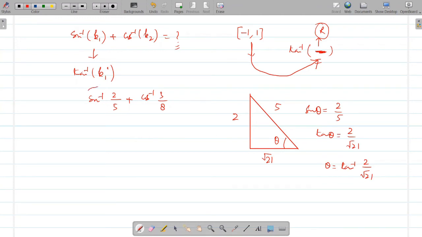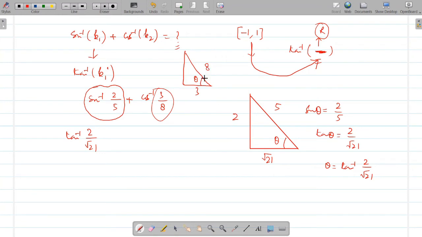This is some angle represented. So it's up to us whether I want to write that angle in the form of a sine inverse or in the form of a tan inverse. So I can write this as tan inverse of 2 by root 21 also. Similarly for 3 by 8, we can draw a triangle there. This is 8, this is 3, this angle I have taken as theta.